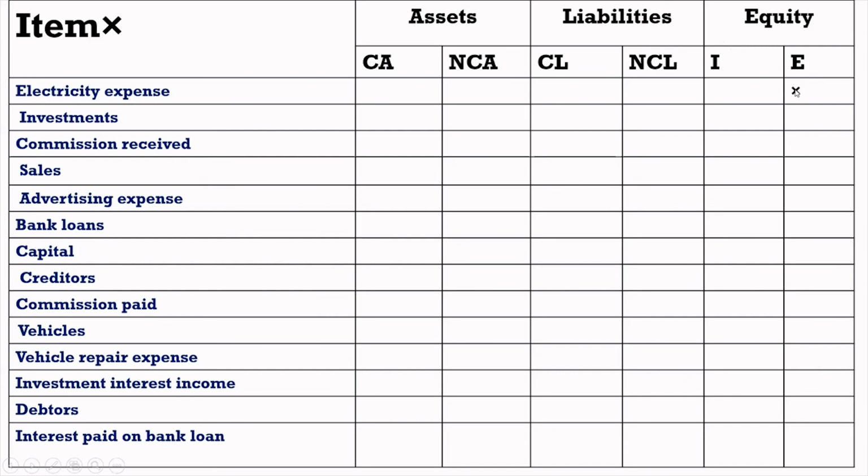So then it will be an expense which will reduce the equity. If it is an investment, there will be a cash inflow, right? So here it is not an investment from the owner, so then it will be an asset. If it is commissions received, that will be an income. It will be here. If it is sales, what happens?